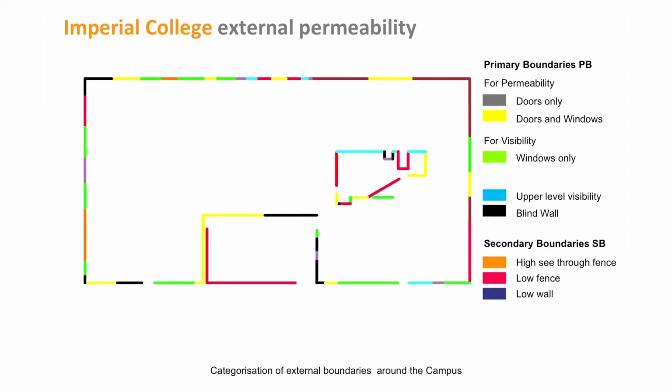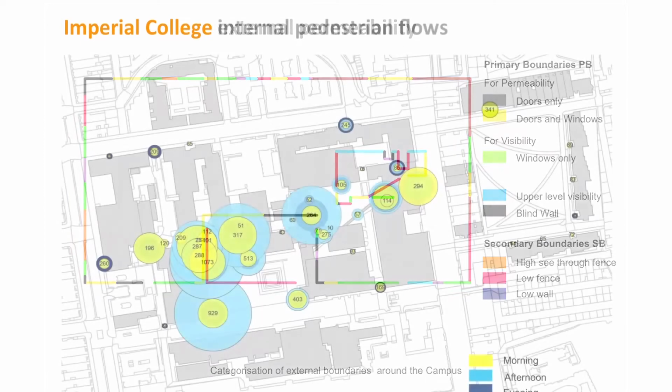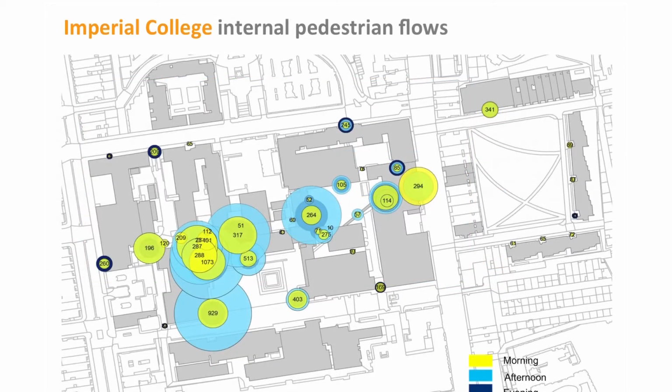Then the students look at the permeability, the visual and access permeability of the campus. And as you see, actually, it's not ideal. It's not bad, but it is a very, I would say, opaque kind of surrounding or perimeter. And they looked at the internal activities.